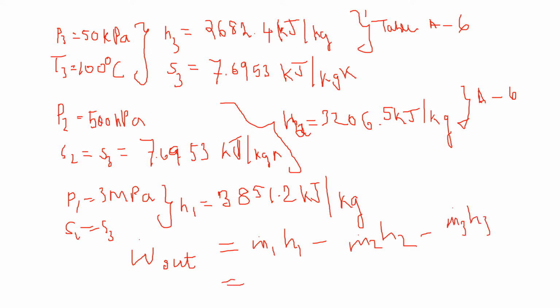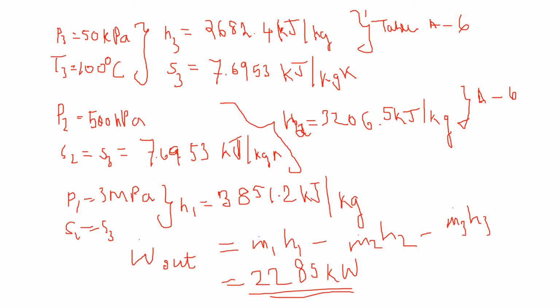So if you plug in the values, you will get the output as 2285 kilowatt. Okay, so you can see that plugging in the values as well as finding the properties are very easy. It's just a matter of math calculations, plus you just have to go through the thermodynamics table and find the properties. But the most important thing is understanding the problem.